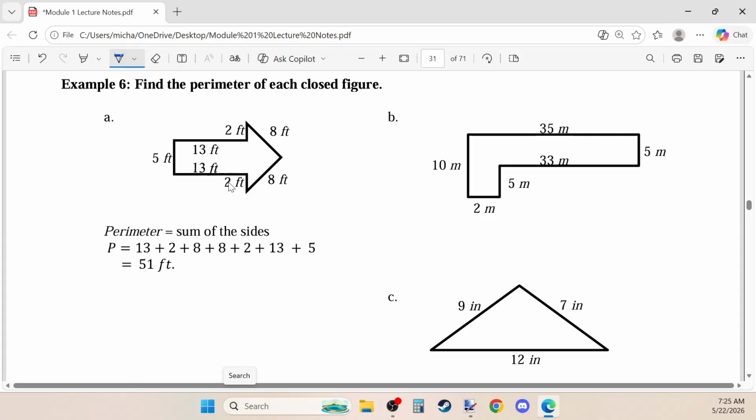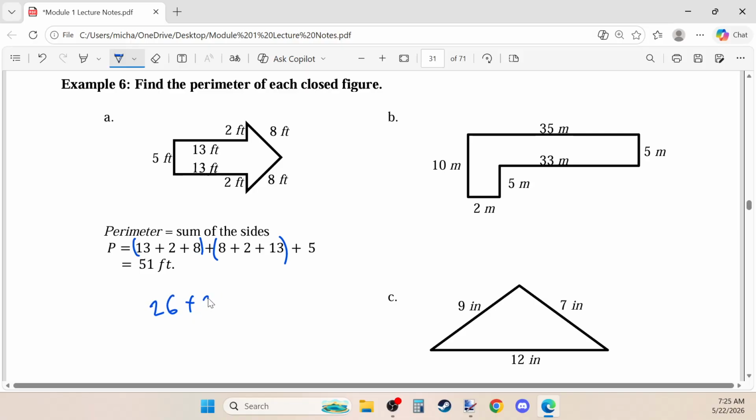Okay, well, I have 13 plus 2 plus 8 plus 8 plus 2 plus 13 plus 5. This here and this here are the same. So 8 plus 2 is 10, 10 plus 13 is 26.